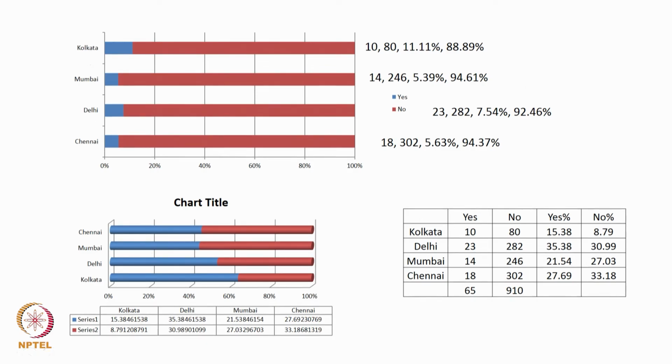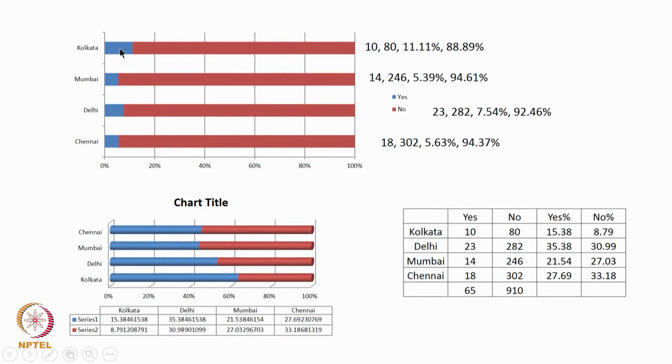Out of 10 and 80, so out of 90 people who attended the interviews in Kolkata, 10 people joined the program. So, 11.11% joined the program and 88.89% did not or could not join the program.